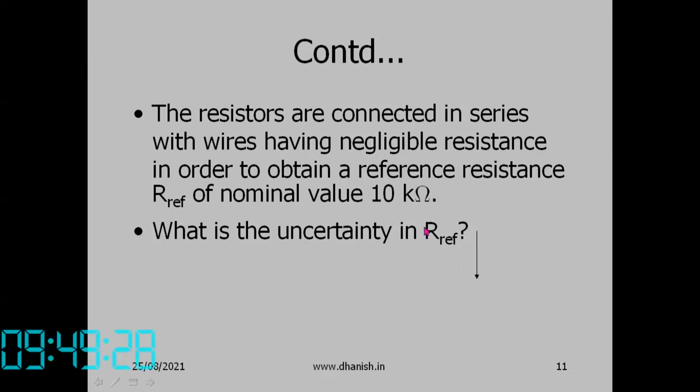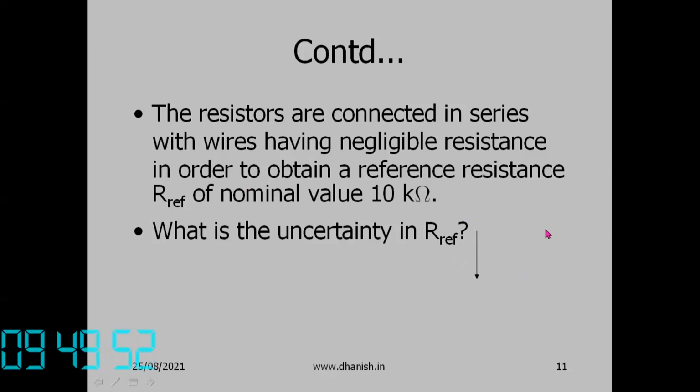So all of these resistances are adjusted with respect to the same master. So if there's an error in the master, all of them are likely to have the same error. So that's why the uncertainties are all correlated. So they are all perfectly correlated. So we are assuming there is perfect correlation. So correlation coefficient is 1.